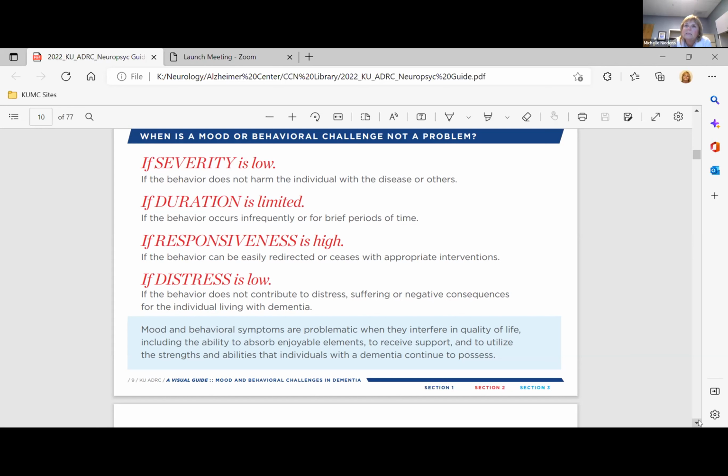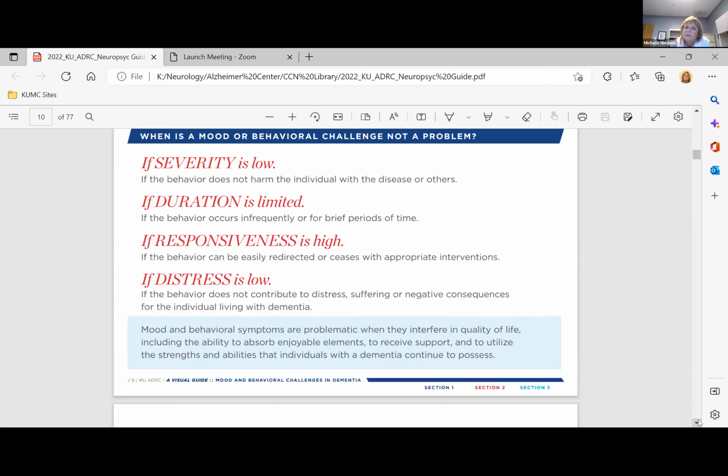And it's not about just, does the behavior create a headache for people around them? It's also, does the behavior cause distress for the person? Are they paranoid in a way? I mean, paranoia is suffering. Being paranoid is traumatic. So what is the severity? Is it low? Does it contribute in some way to compromise quality of life for the person with the disease, as well as the care partner or those around them? Is duration limited?